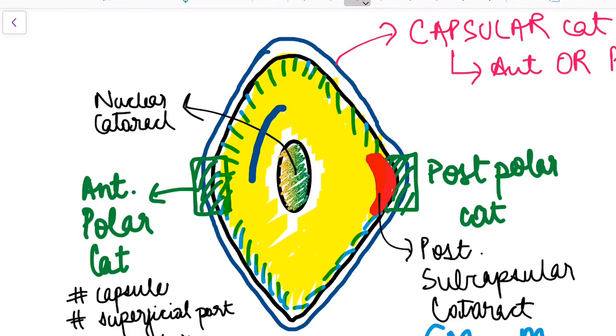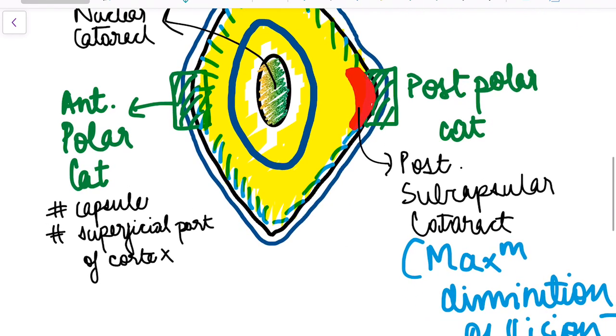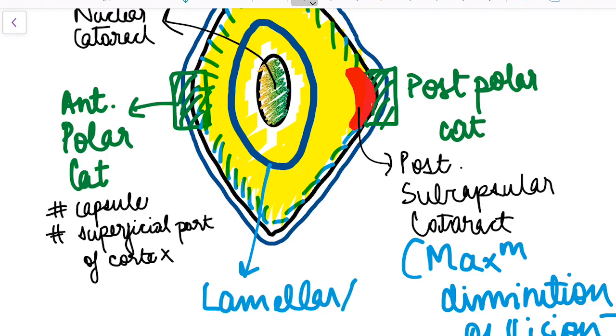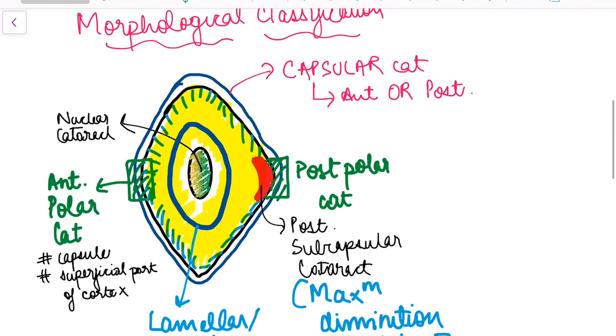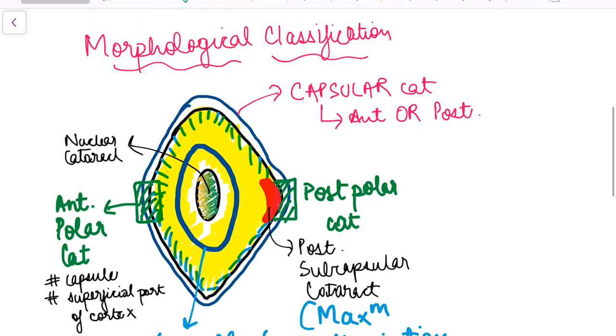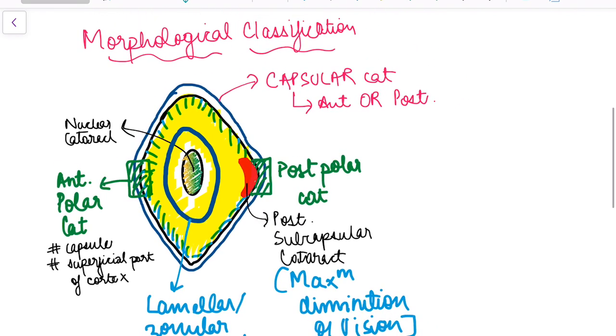Like if I shade this part, only this part, it will be called lamellar or zonular cataract, right? So let me zoom out. This is the morphological classification of cataract, right?